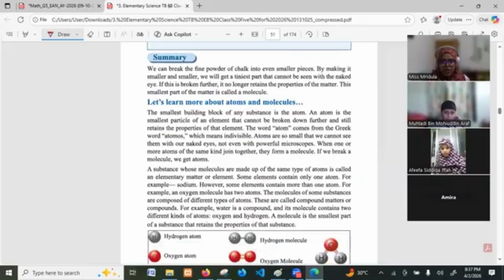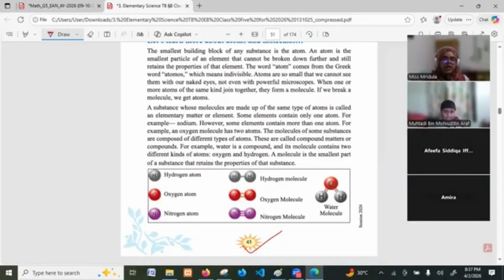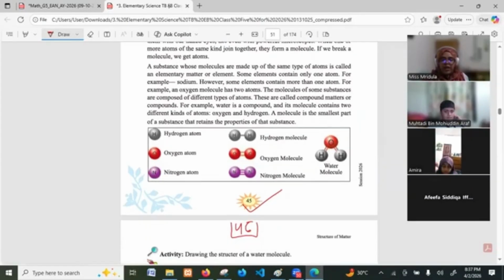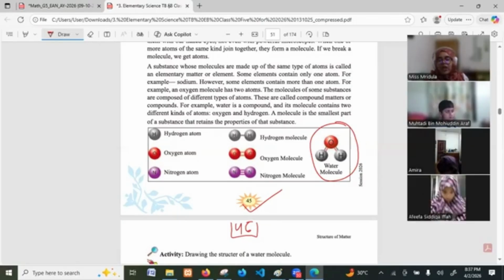We also learned how atoms combine together to form a molecule. In the last class, we talked about the formation of water. We saw that one molecule of oxygen and 2 molecules of hydrogen put together to get the molecule of water.